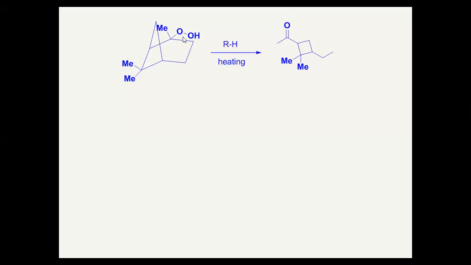There is a breakage of this OO bond, right? There is a formation of a free radical here. We should know that when this bond breaks, one radical forms here and one radical here.